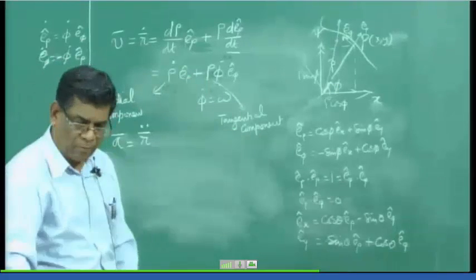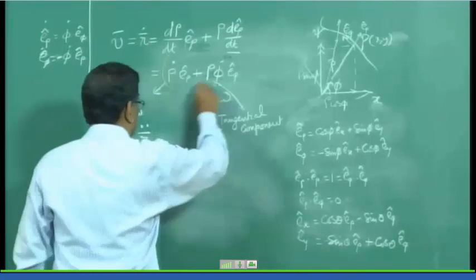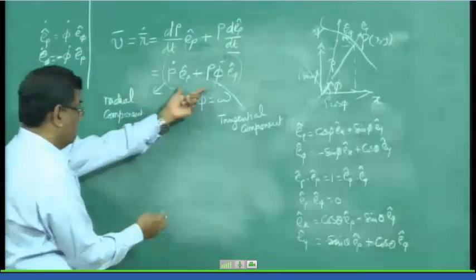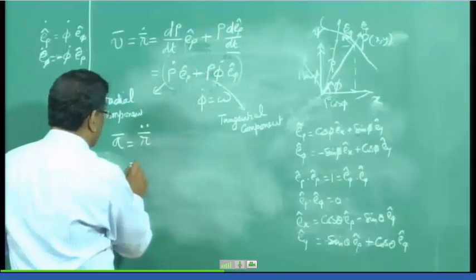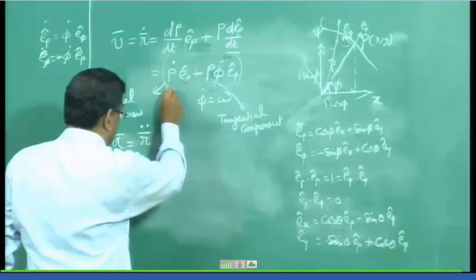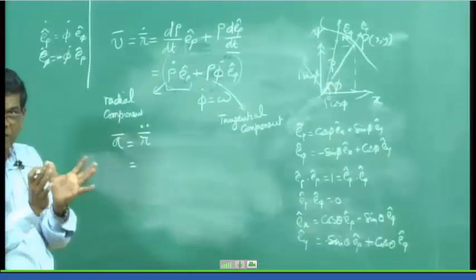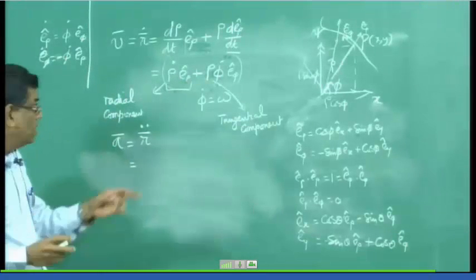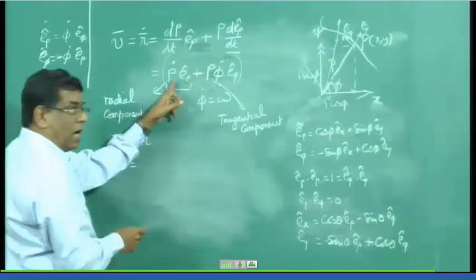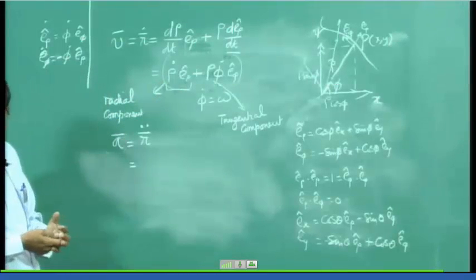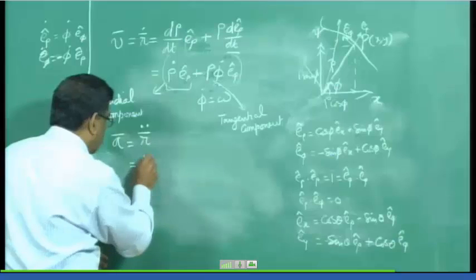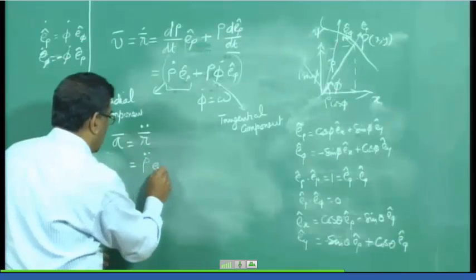I will go through the same. Now I have to differentiate the whole thing, that is V. First I will differentiate these two. Remember, this also will change with time. That we should always remember. Otherwise, we will make a mistake. So first, rho dot. If I differentiate with reference to time, it will become rho double dot, and keep e rho.